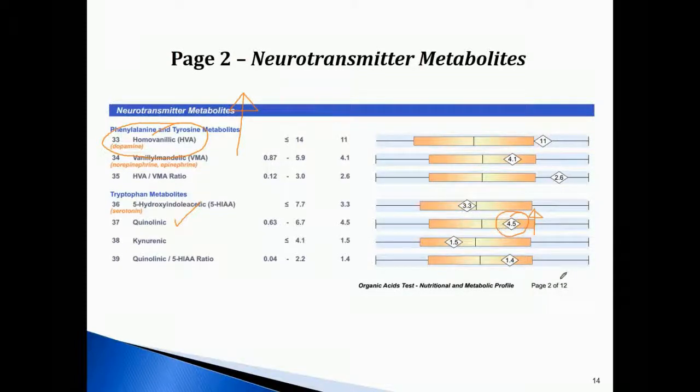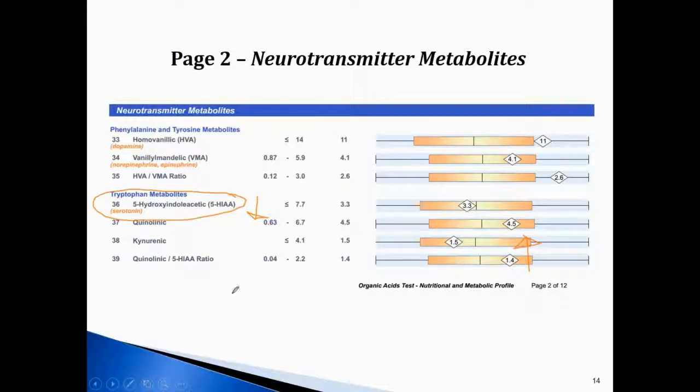Now, you can get a ratio discrepancy where the 5-HIAA is low, and that can cause this ratio to be high. That is showing you that there is a pull, if you will, away from the serotonin pathway, more into the kynurenic and quinolinic acid pathway.